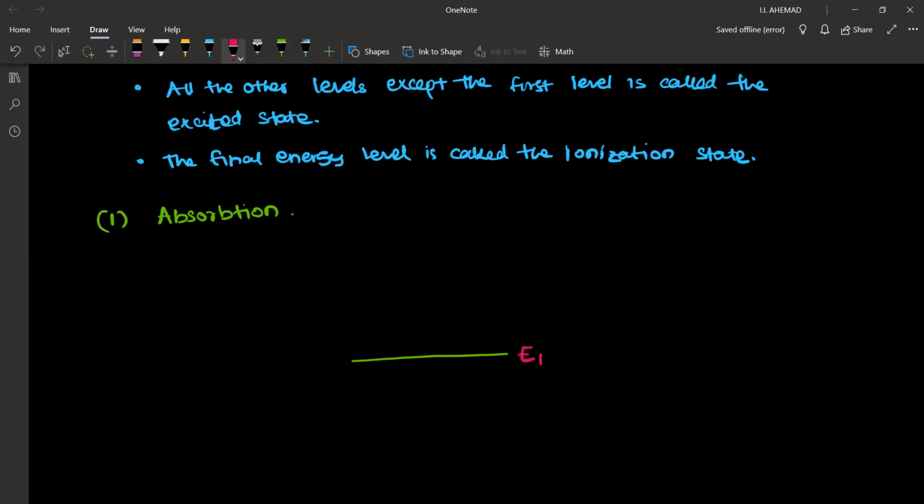By providing some radiation, we can excite the electron from this lower level to a higher energy state. But the energy we supply has to be equal to the difference in the energy.